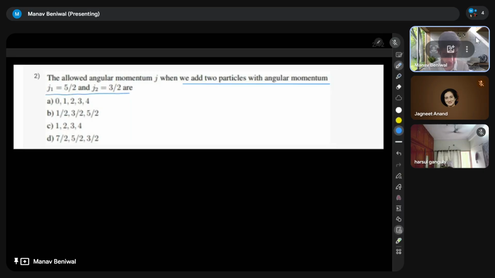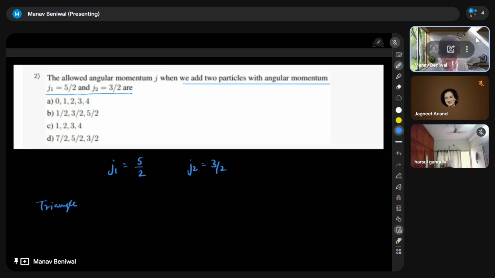So J1 is this much and J2 is this much. We have J1 as 5 over 2 and J2 as 3 over 2. To add two angular momenta, we use the triangle inequality.